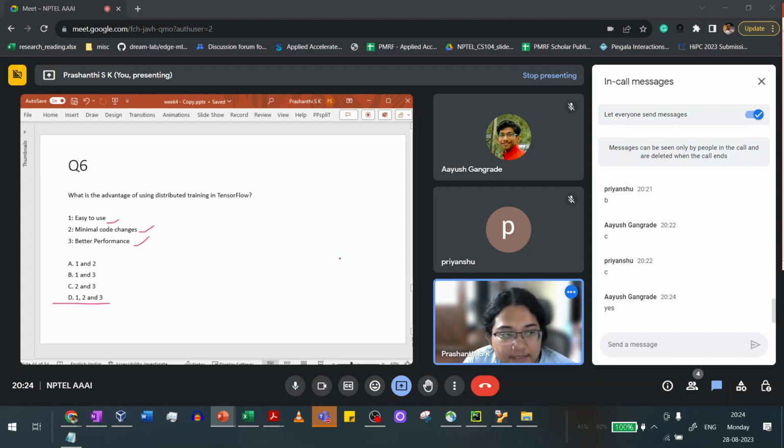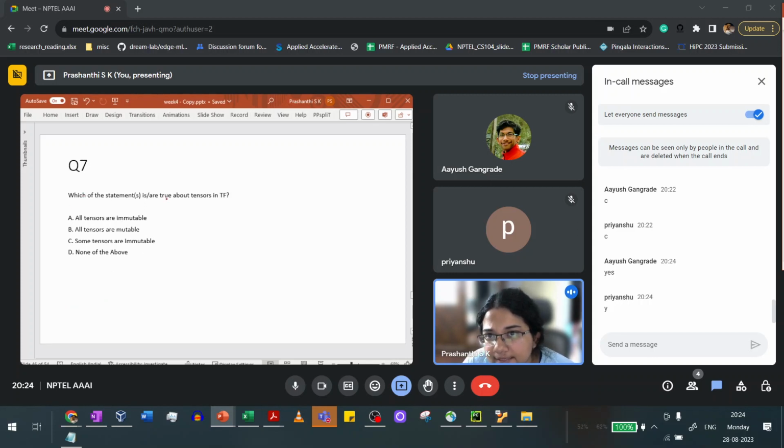Okay, let's move to the next one. Which of the statements is true about tensors in TensorFlow? All tensors are immutable, all tensors are mutable, some tensors are immutable, none of the above. C, some tensors are immutable, okay.